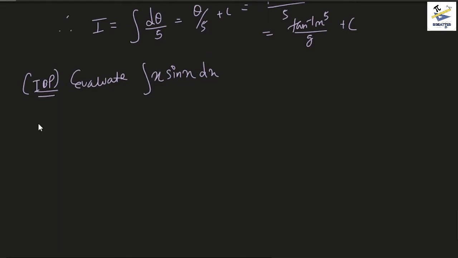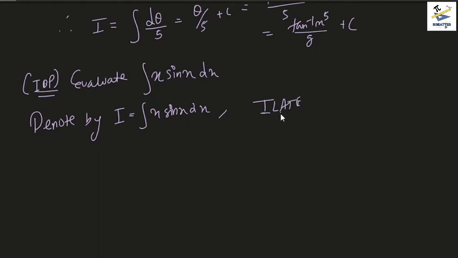So denote the integral by I. Whenever we see a product of two different kinds of functions, we try to remember our ILATE rule, where we know which one to take as the first function and which as the second. In the ILATE rule, the algebraic function comes before the trigonometric function. So the algebraic function should be function 1, and the trigonometric one should be function 2, right?